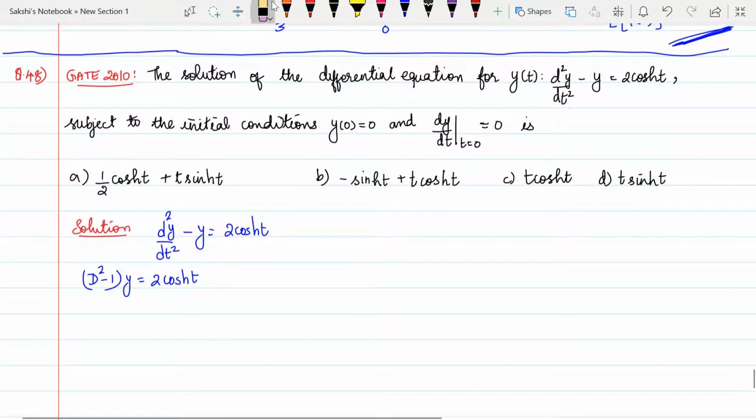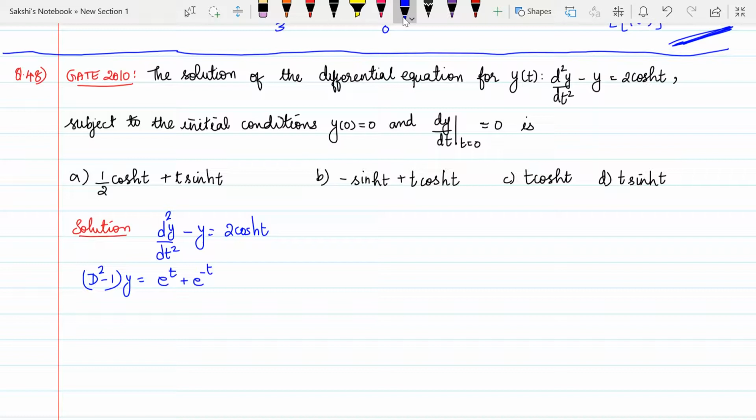So here, I am just replacing this 2 cos ht by e power t plus e power minus t. So this will be a basic substitution for 2 cos ht.